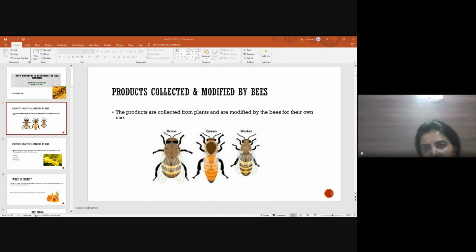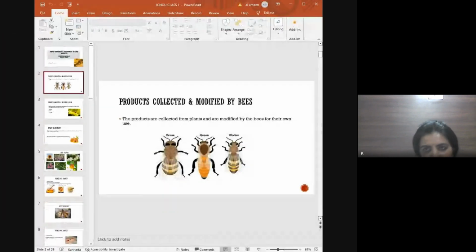If honey has to be made, nectar and pollen have to be collected, so they have to go out. It's the older female bees who go out, and there are a lot of vagaries outside, right? It is not always so conducive. They have to go against certain forces of nature. They go collect nectar and come back to the colony.